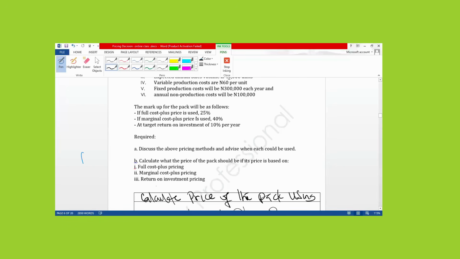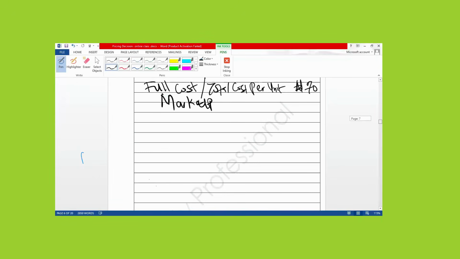If full cost plus price is used, markup is 25%. 25% of 70, please compute. 17 naira 50 kobo. 17.5.